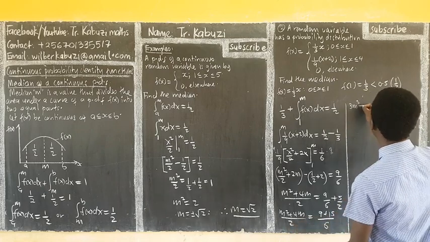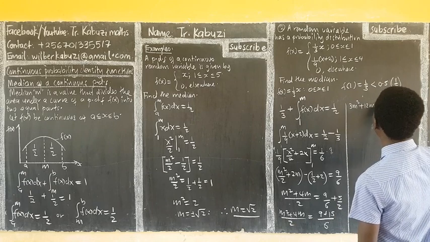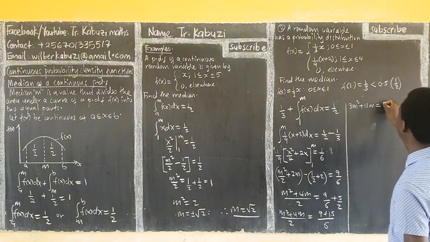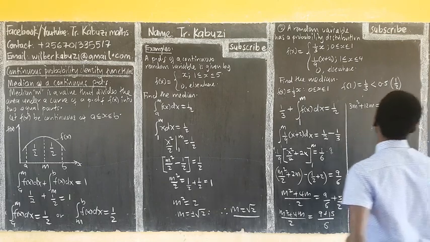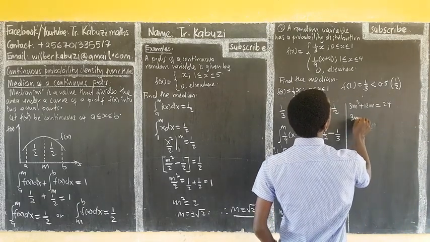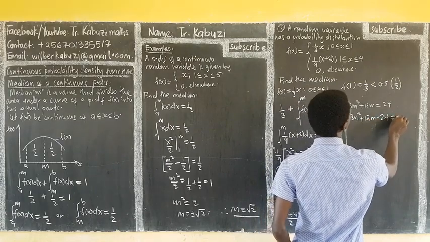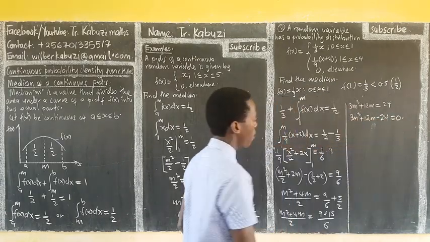Here I have 3 plus 4n equaling to, by 6 here, we add that, we get 24. Take this side, we have 3n squared plus 12n minus 24 equaling to 0.